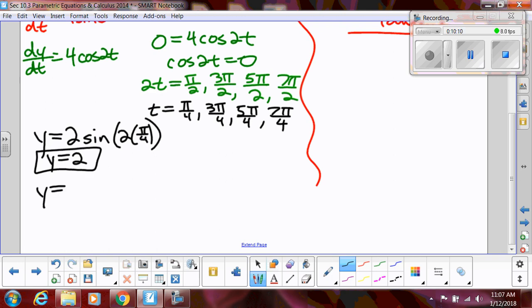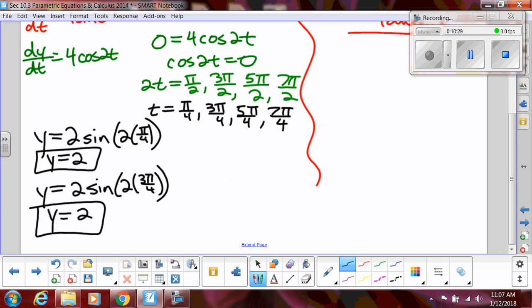If I plug in the next one, then I'm going to have sine of 3 pi over 2. All right, so that'll be negative 1. If I plug in 5 pi over 4, then I'm going to get 5 pi over 2, which would bring me back around to 1.